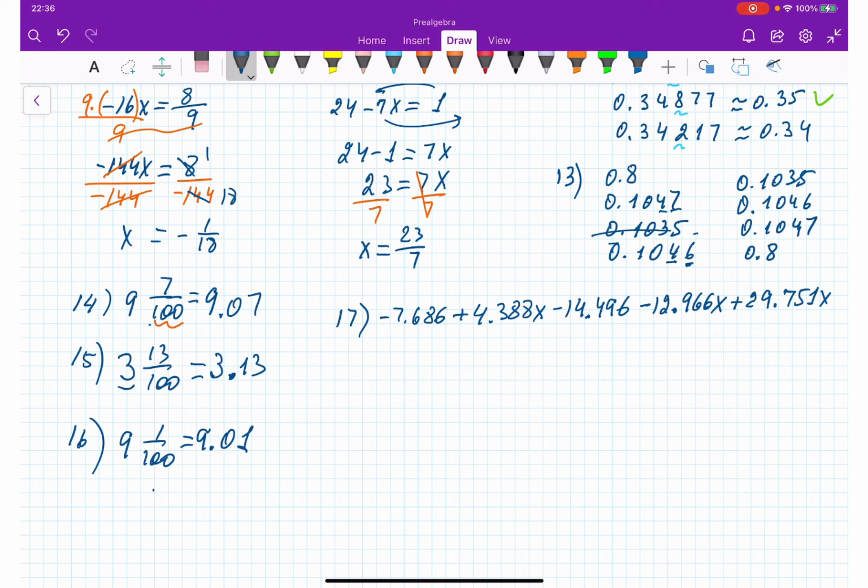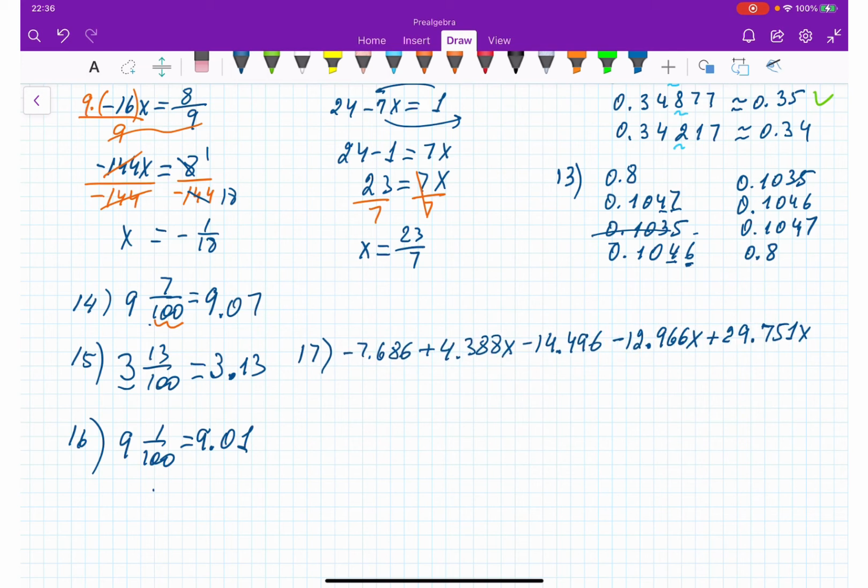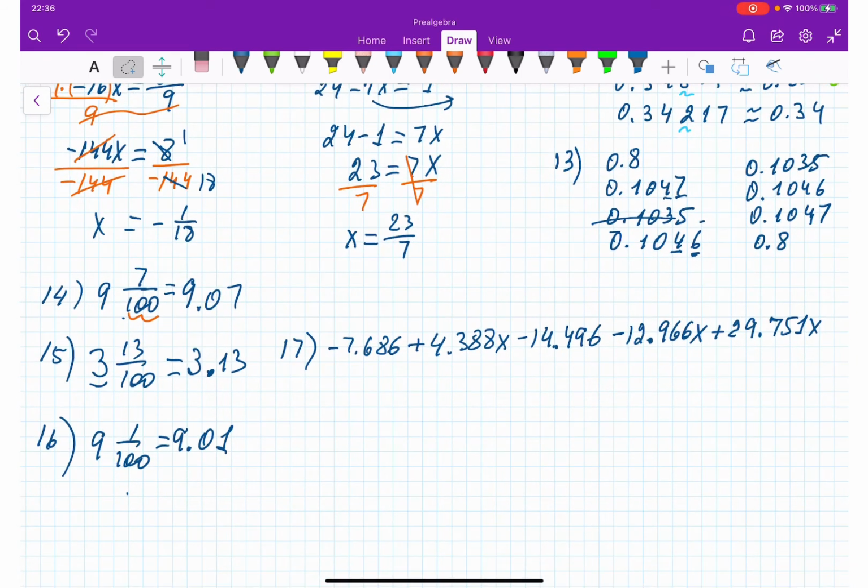Okay, so first of all, we need to, let me move a little bit here. That's a pity I can't straighten this up. It's climbing the hill a little bit, looks like. But okay, so like terms are going to be this one with x, and this one with x, and this one with x. 3 terms with x.